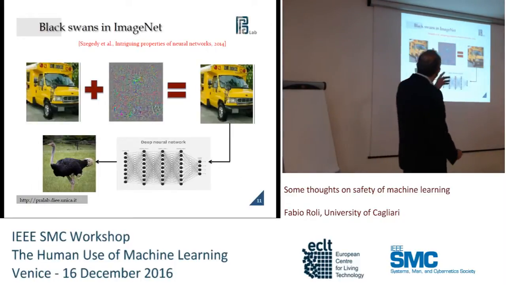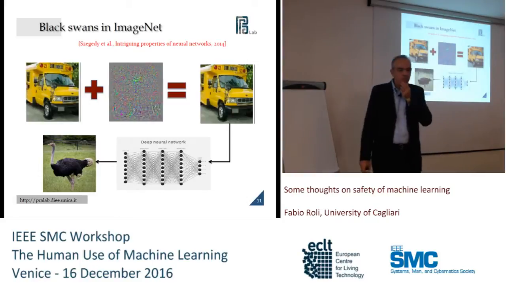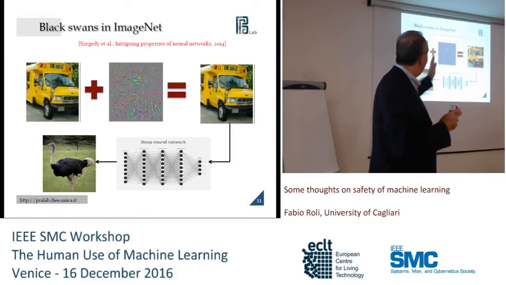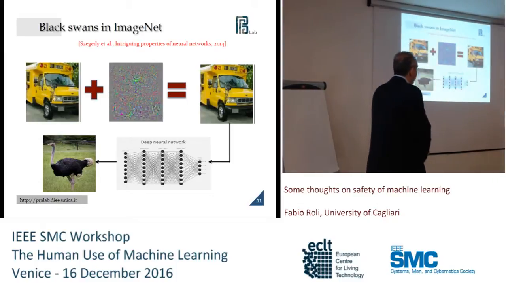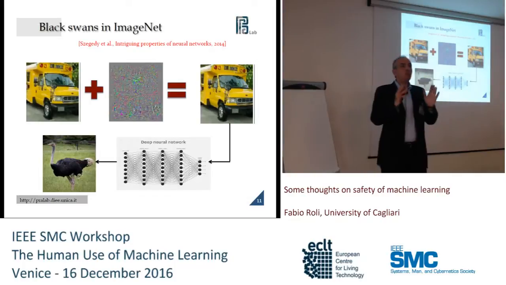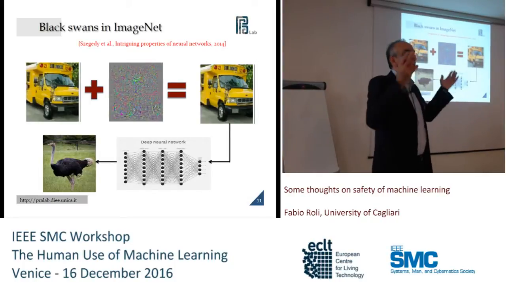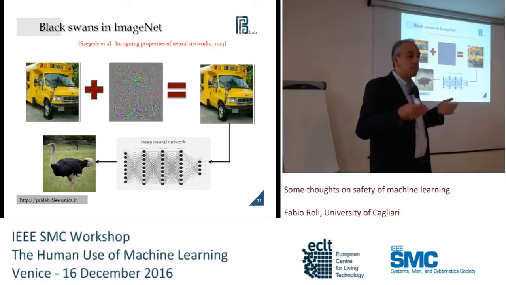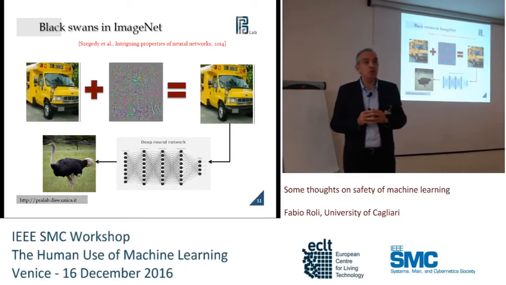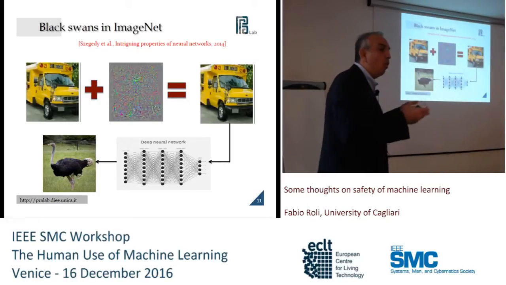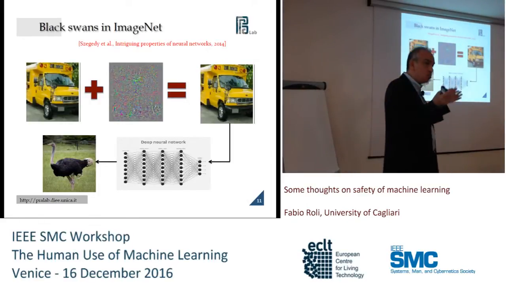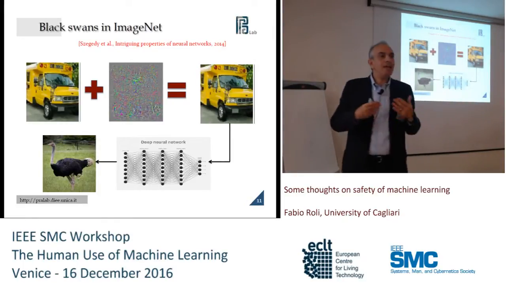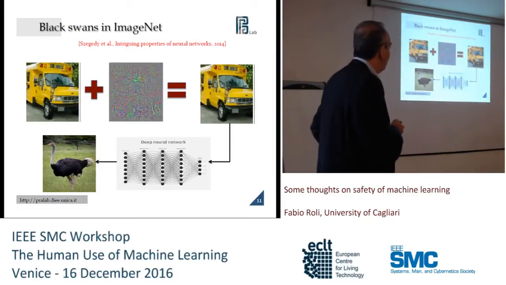Two years ago, a paper entitled Intriguing Properties of Neural Networks was published at NIPS, a major machine learning conference, showing that if you consider ImageNet, the most popular and large image database for object recognition in the machine learning community, and you use a deep neural network to recognize the objects, it's quite easy to fool the network.